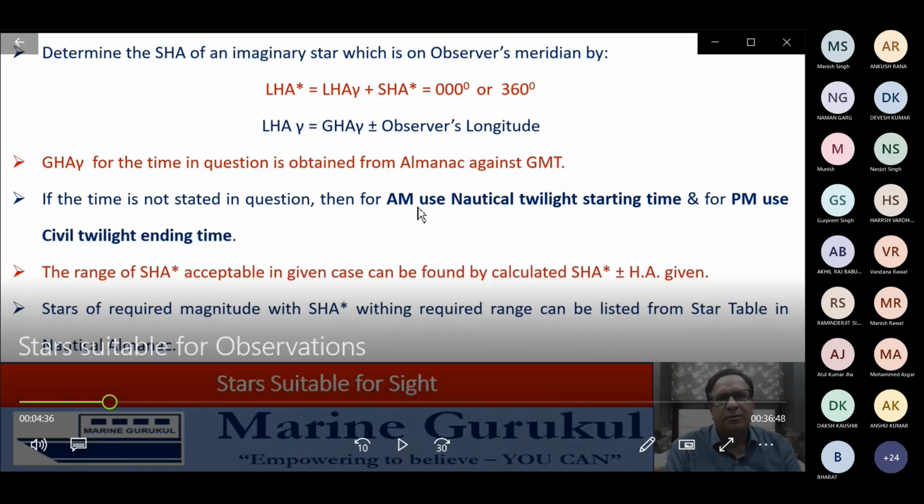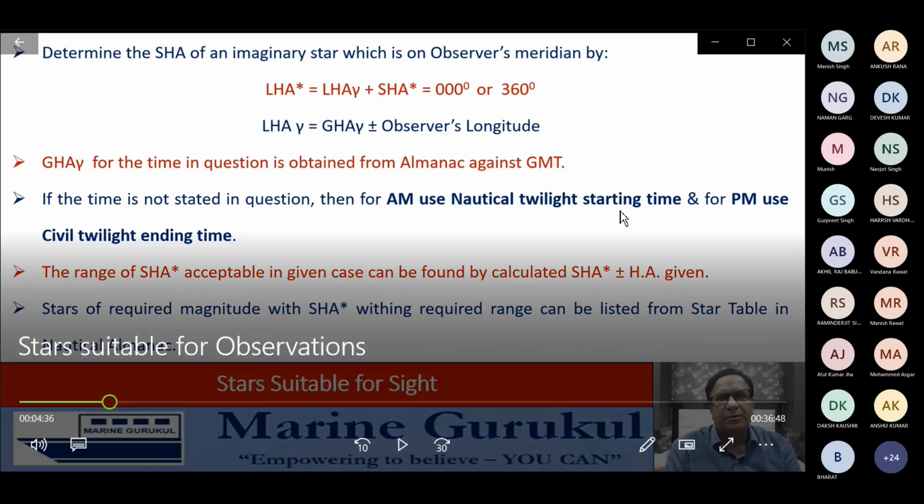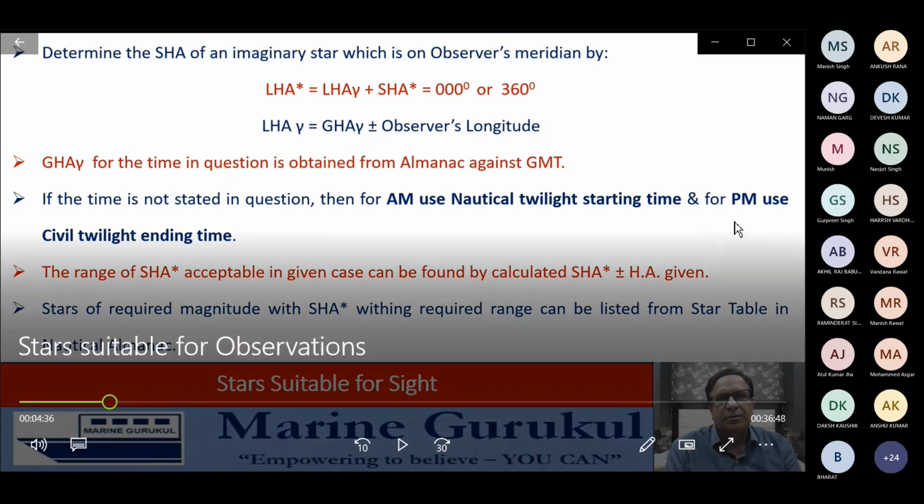If you remember when we discussed twilight in our presentation, I told you that the suitable period for taking sights in the morning starts when the nautical twilight starts. And in the evening, the suitable period starts when the civil twilight ends. So that is why we pick up these times if nothing is specified in the question.